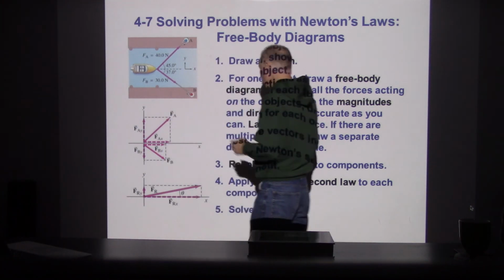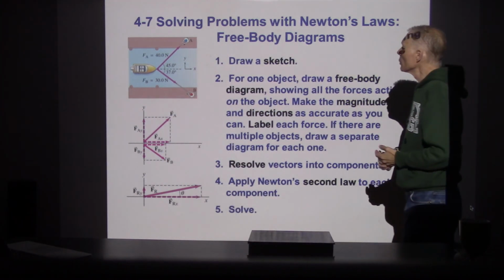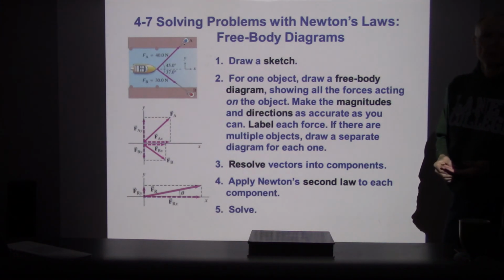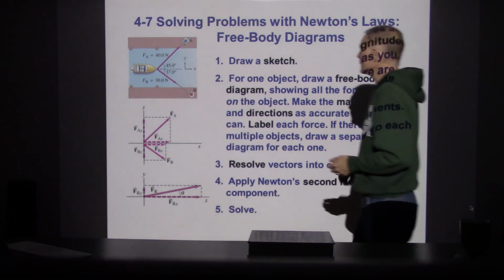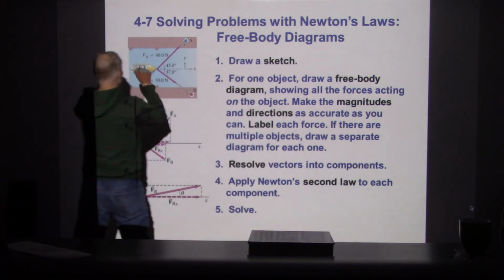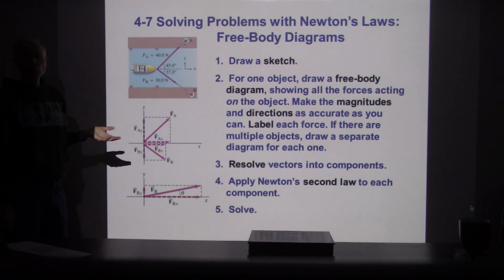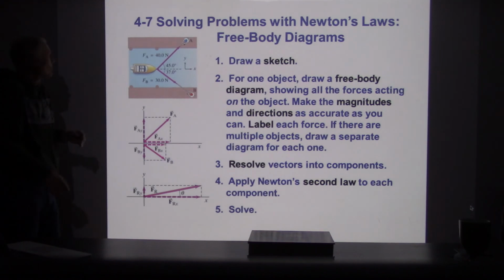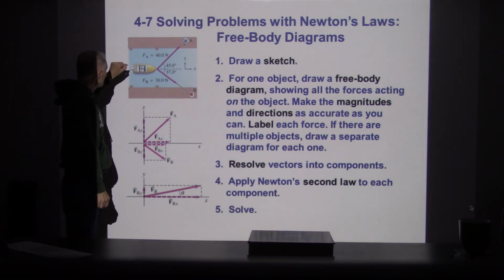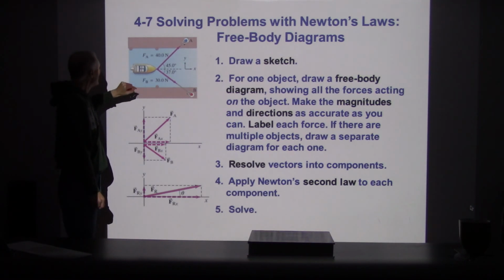Now, it's not a complete free body diagram because there are other forces acting on the boat. The boat's got a gravitational force acting on it. The gravitational force is going into the board or into the page. It's downwards. This is a top view, right? This is a view from above, and those are good diagrams. But on views from above, the gravitational force is going into the page or into the board. There's a normal force.